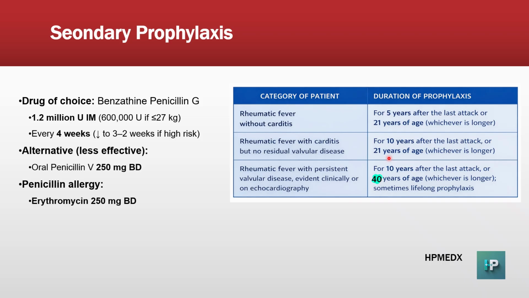And then rheumatic fever with persistent valvular disease evident clinically or echocardiographically: for 10 years after the last attack or up to 40 years of age. And in all these, whichever period is longer is taken as the duration of therapy.